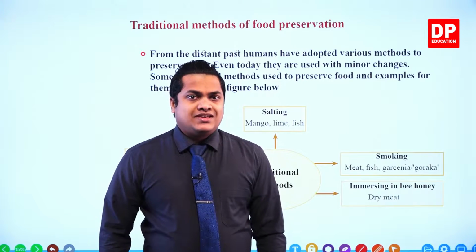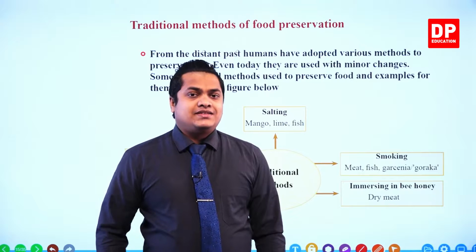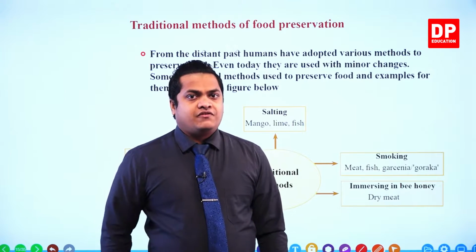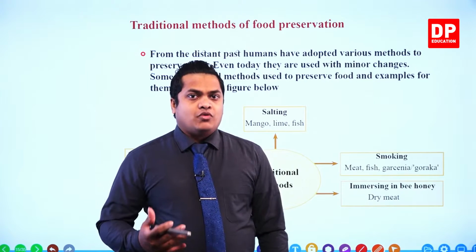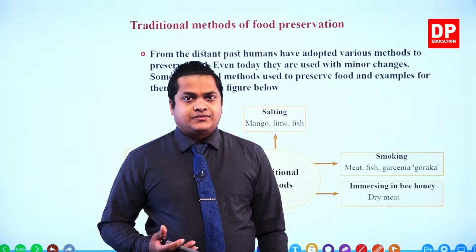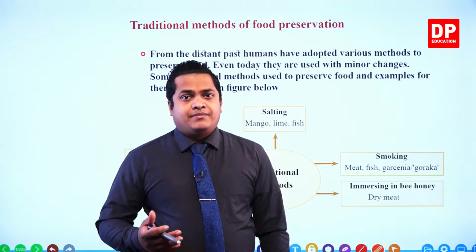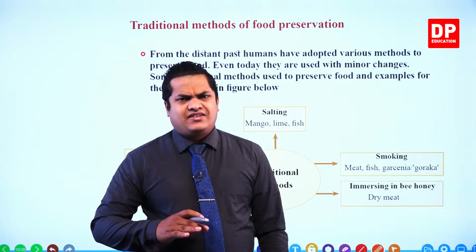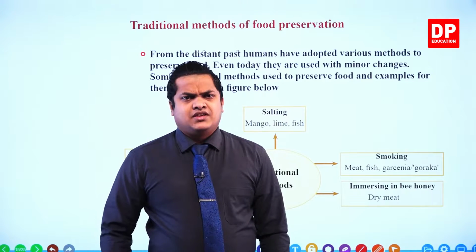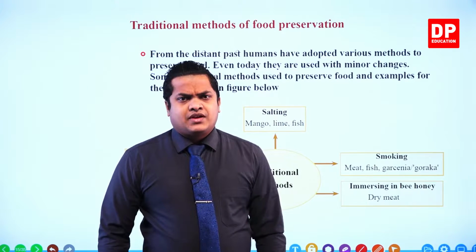Those ancestors did several things to preserve food. They used smoking, then dipping in honey. In that way, they did several things to preserve food.